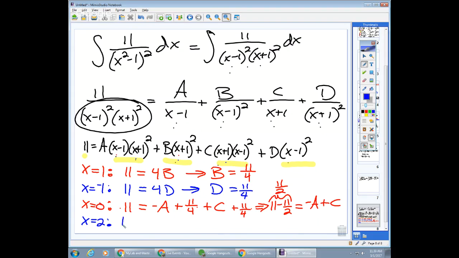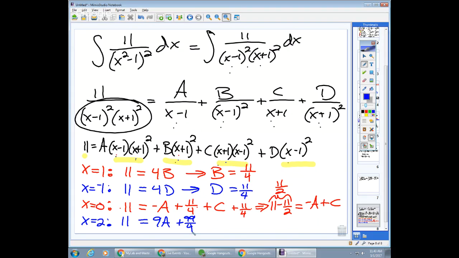And so I'm going to get 11 equals, 2 minus 1 is 1, 2 plus 1 is 3, squared is 9. So is that a 9A? For B, 2 plus 1 is 3, squared is 9B. And B is 11/4. So I think here we will have 99/4?